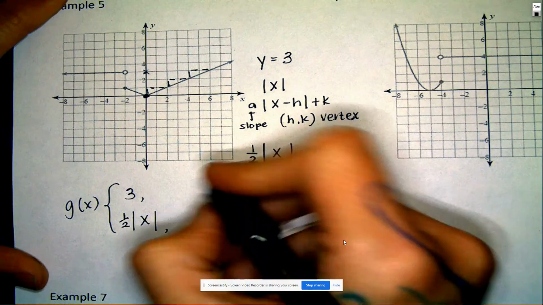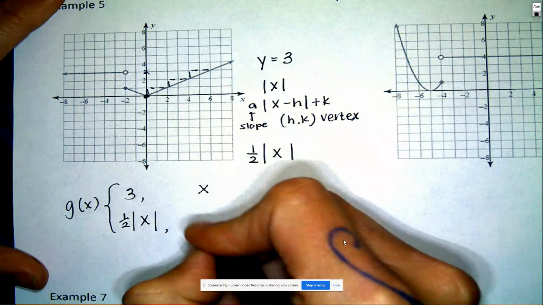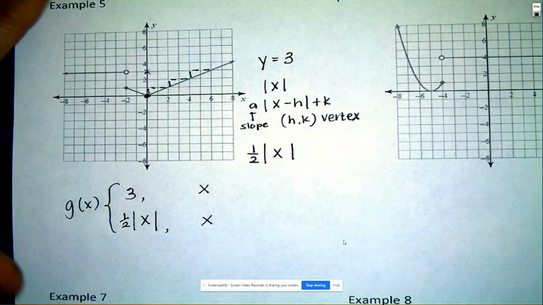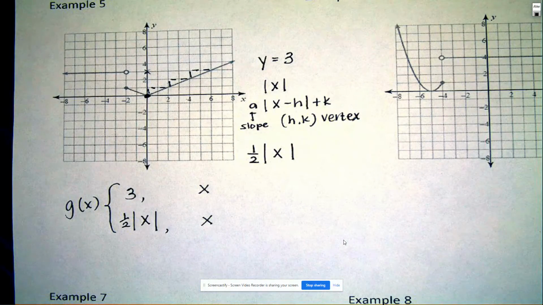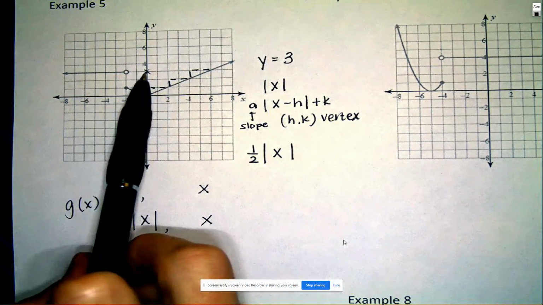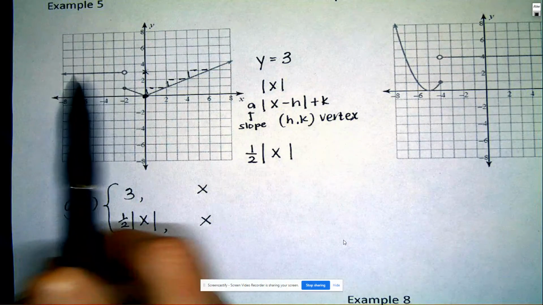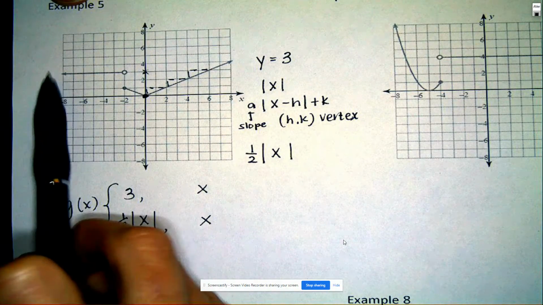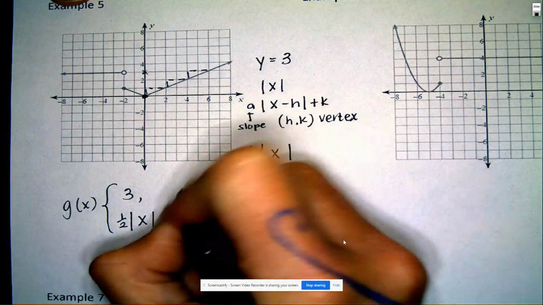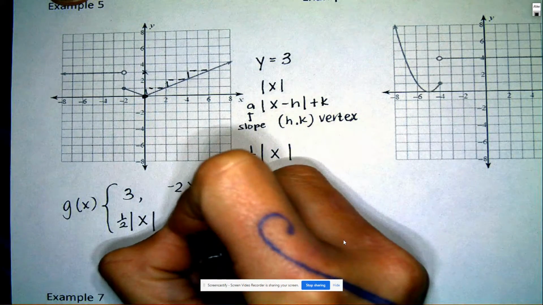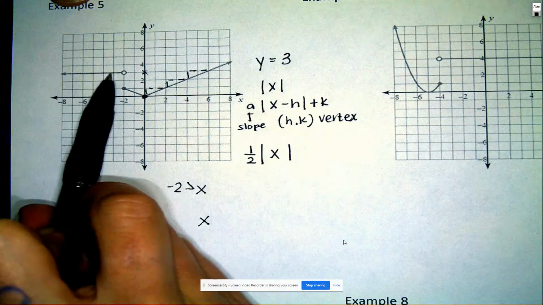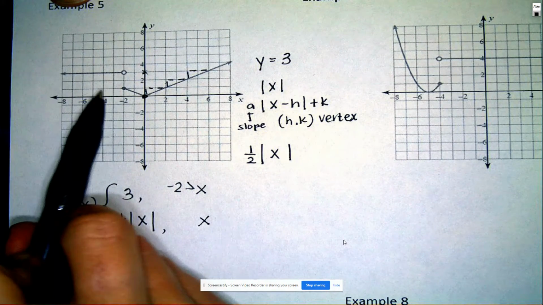And now we need to set up our domains, because that's what makes piecewise part of piecewise, because these graphs don't go on forever in either direction. If we're looking at our 3, so our horizontal line, it's going from all the small values of x all the way up to -2. So x is less than -2, because it's going this direction with -3, -4, -5.